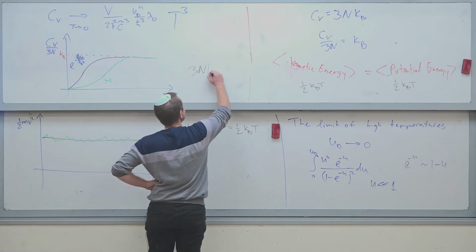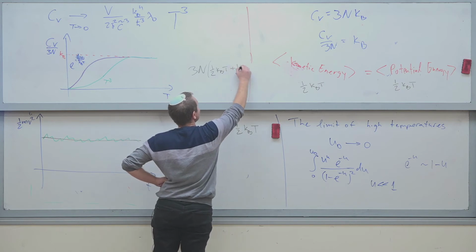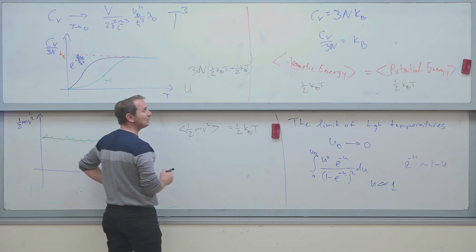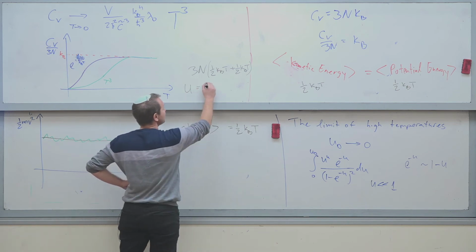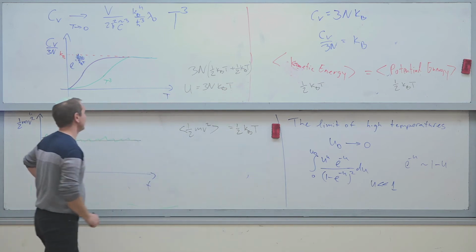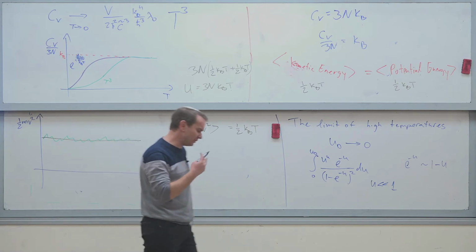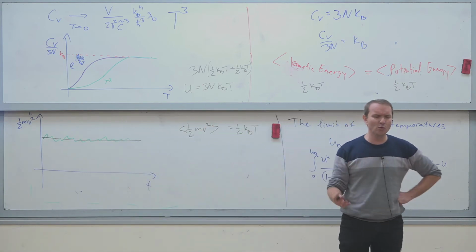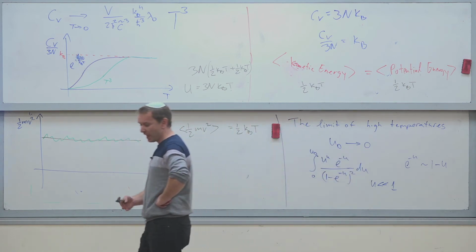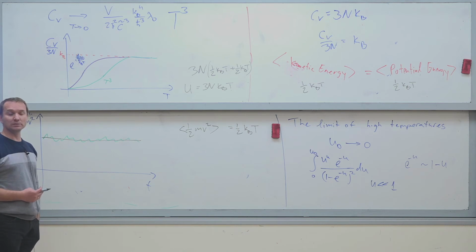So it's 3n multiplied by 1/2 K Boltzmann T plus 1/2 K Boltzmann T. So the total average energy of the system is 3n K Boltzmann T. If all the particles, be they phonons or the original molecules, are independent, the total average energy should be exactly 3n K Boltzmann T.